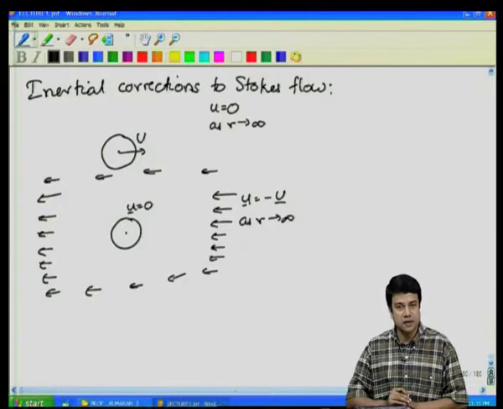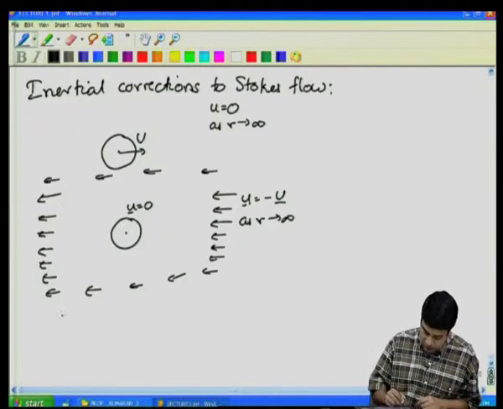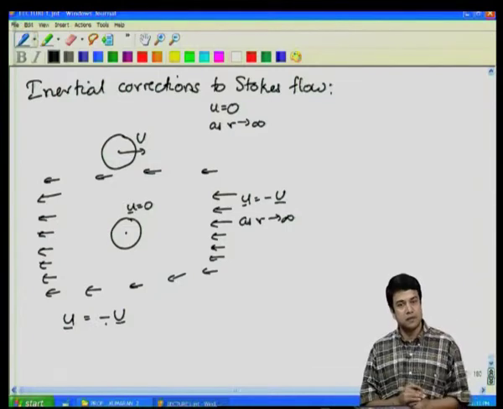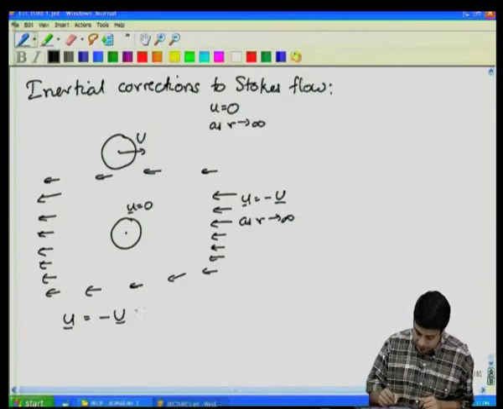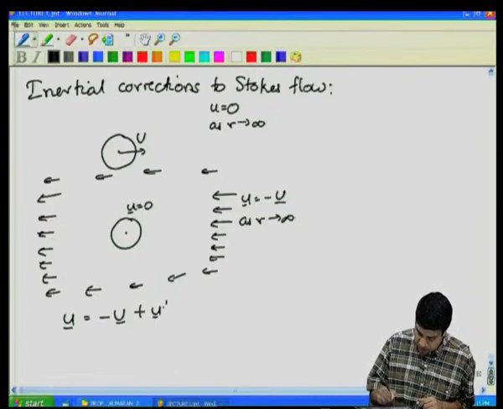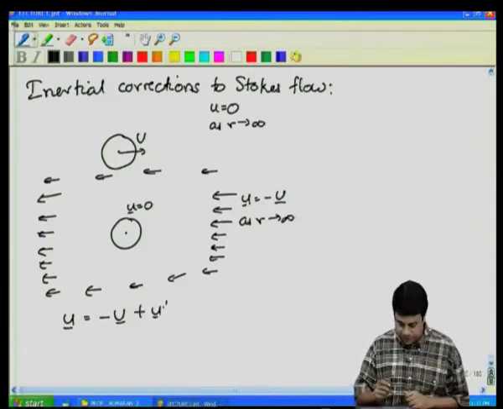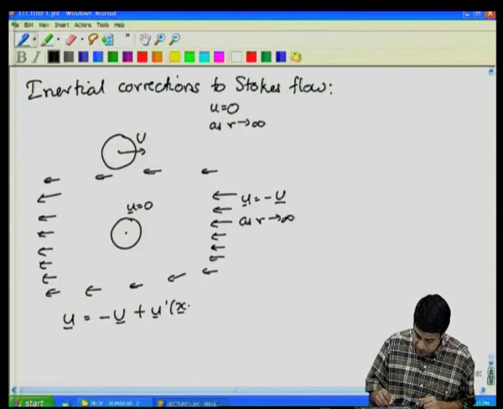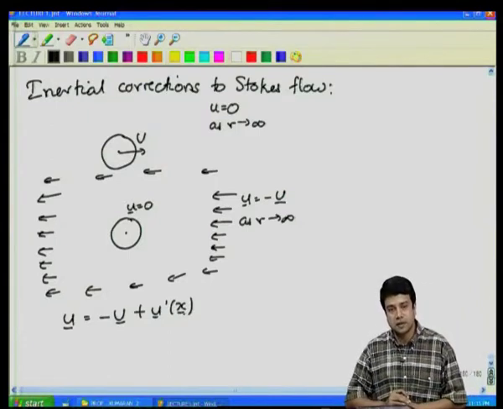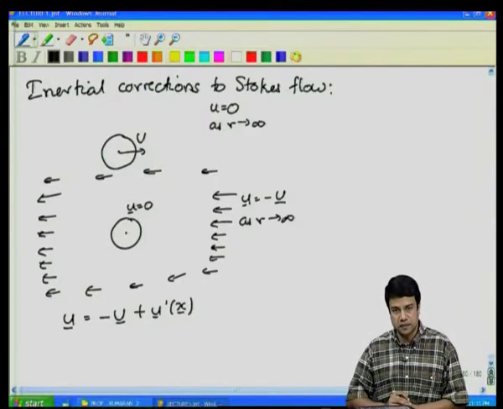So, therefore, the velocity field I can write as u vector is equal to minus u velocity far away plus a disturbance due to the presence of the sphere, u prime. u prime itself is a function of x, u vector is a function of x, capital U is a constant. It is the velocity with which the fluid is moving far away from the sphere.